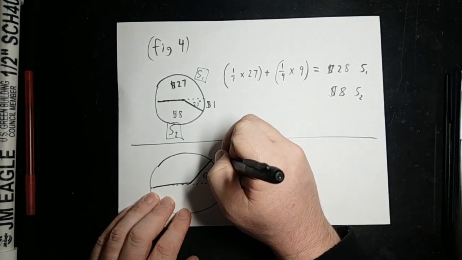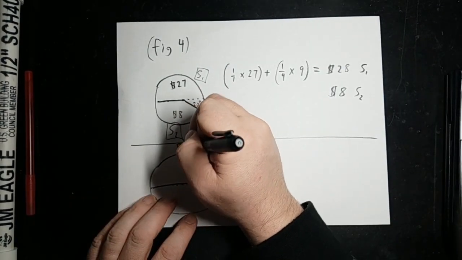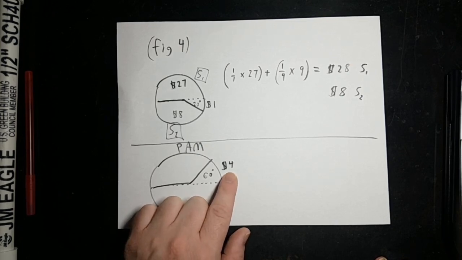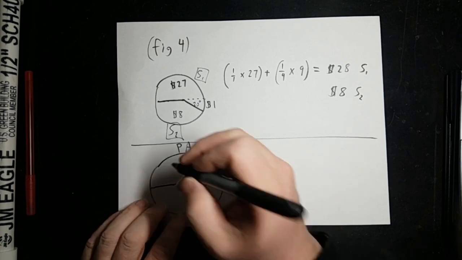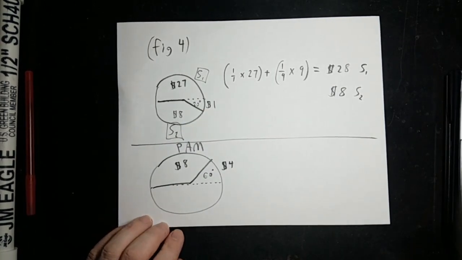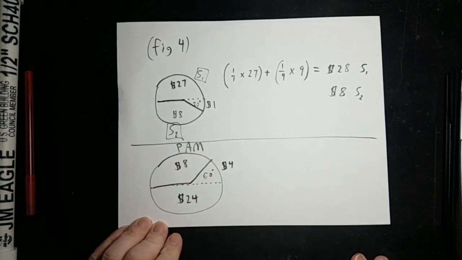This is all Pam. Pam is $4. Well, she values all of the orange at 12, which means that this portion to Pam is worth $8. And she values pineapple at $24.